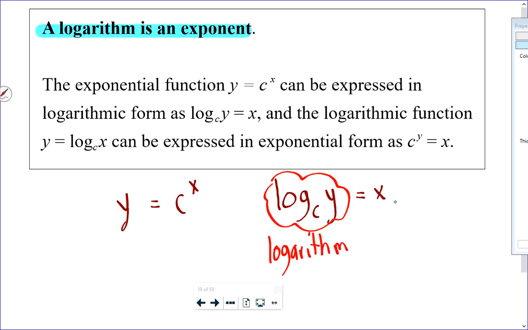What is it equal to? It's equal to x. x is the exponent. When you look at the exponential form of it, x is the exponent. So your logarithm is always equal to the exponent. And I'm saying these are the same.